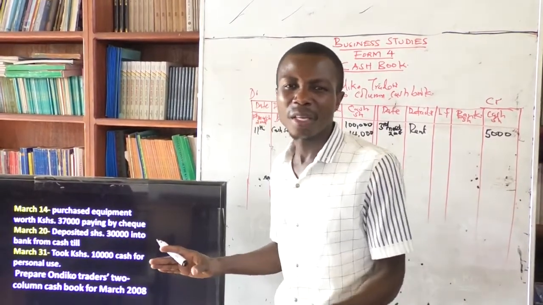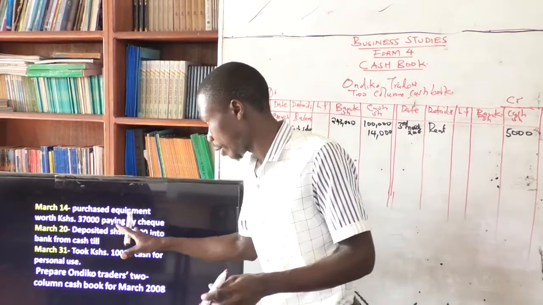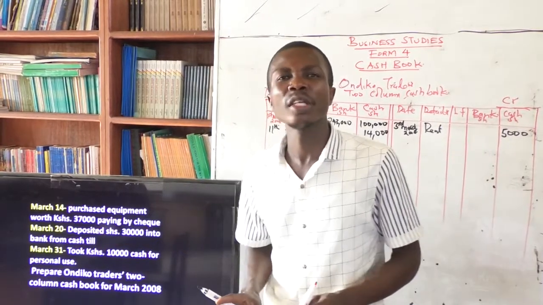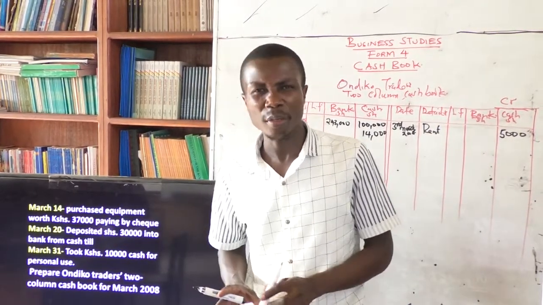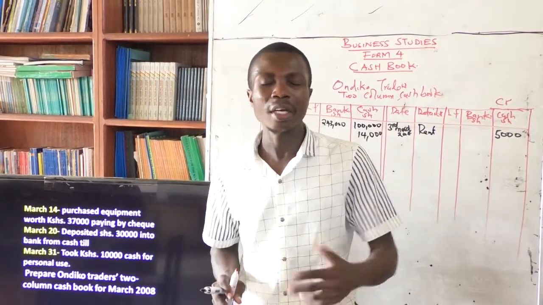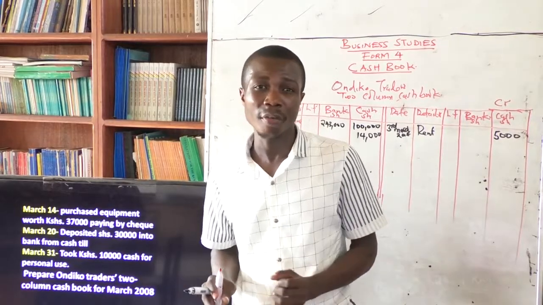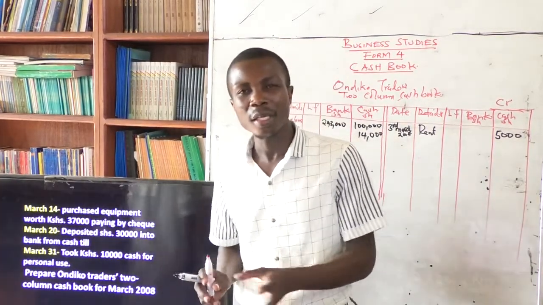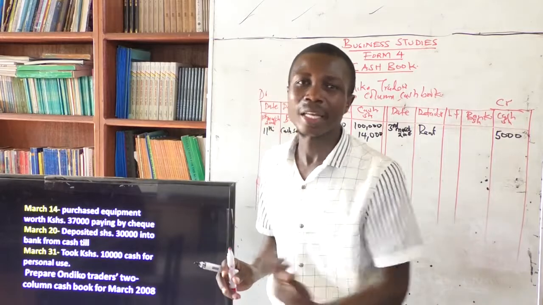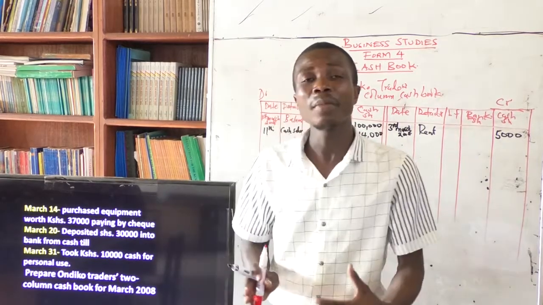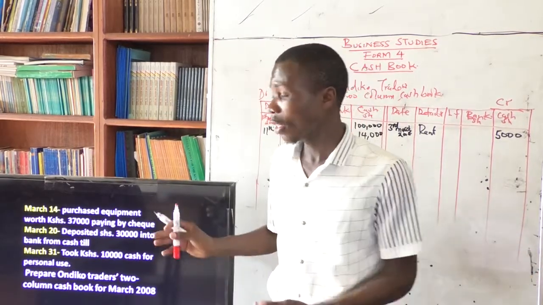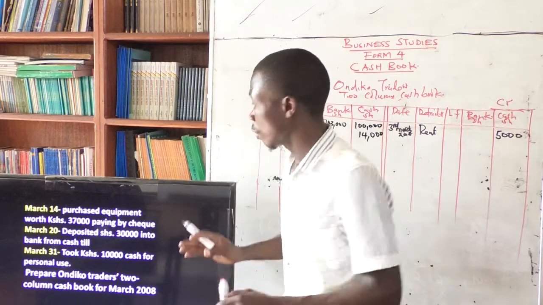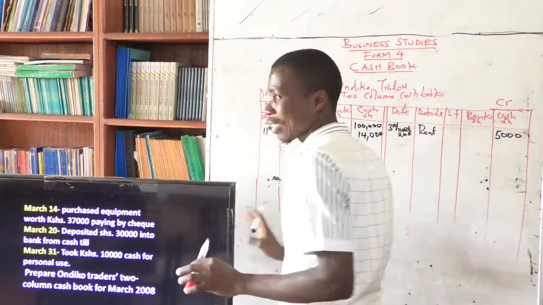Here we are not even opening the equipment account. We are just going to look at how cash was affected, be it cash in hand or cash at bank. Was it reduced, or was it increased? If money was used to purchase equipment, then cash was reduced. So that makes us take it to the credit side.